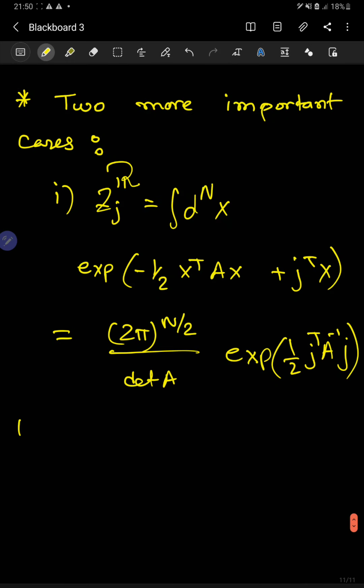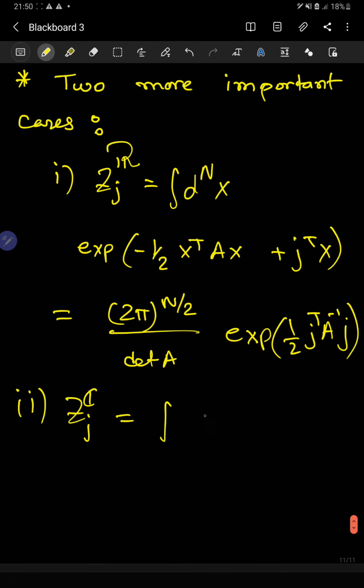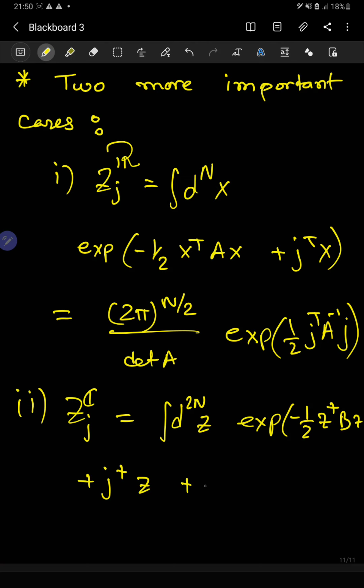So try solving it, and the complex version of it, let's say the complex version of it is d2n z, what is the variable? Okay, z. So exponential minus half z dagger z plus z.